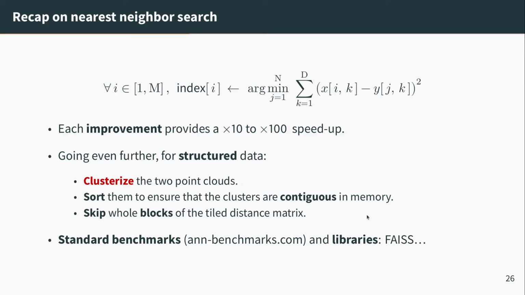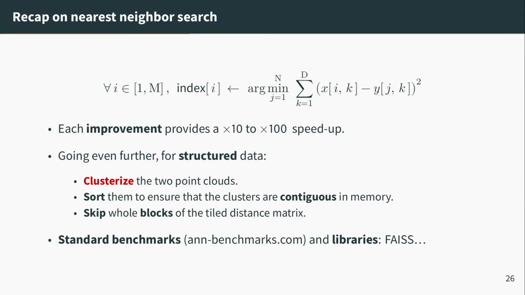And to tell you that this type of algorithm, it's very standard. It's extremely useful for data science in general. So you have high quality benchmarks on annbenchmarks.com. You have very high quality libraries. So I think the standard library in the field is called FAISS. It's written by people who were at INRIA 5-7 years ago, but then they went to work at Facebook, in Paris.